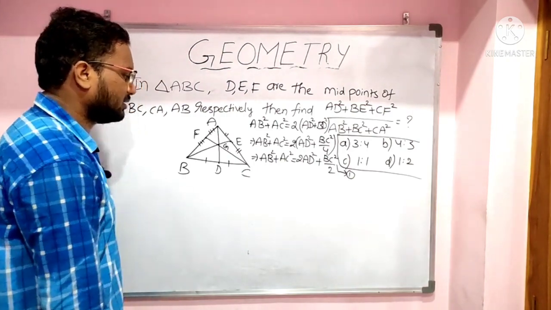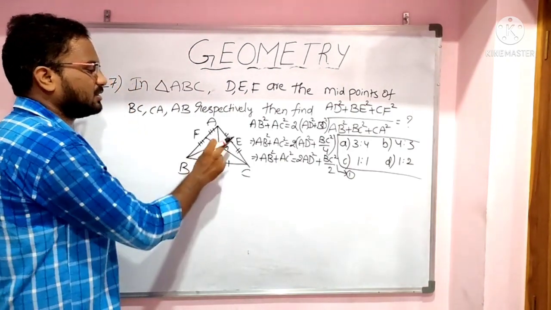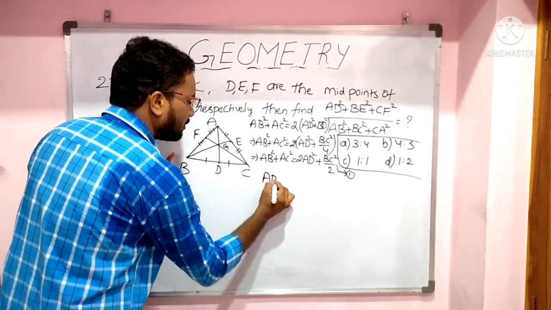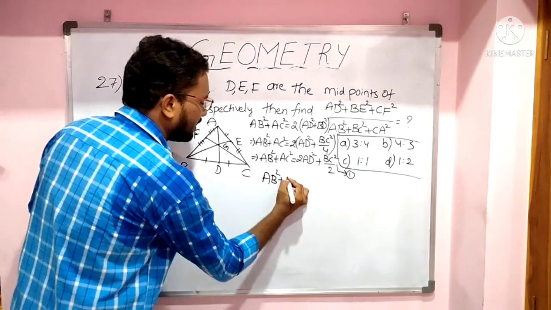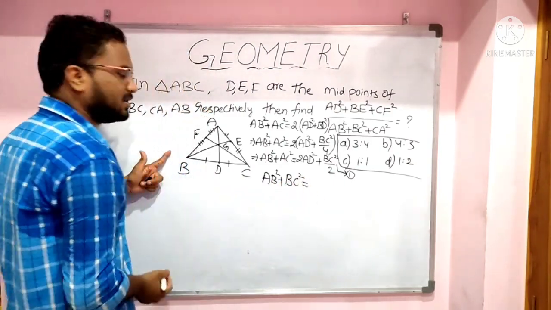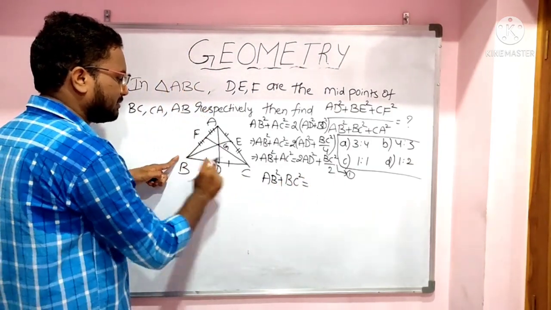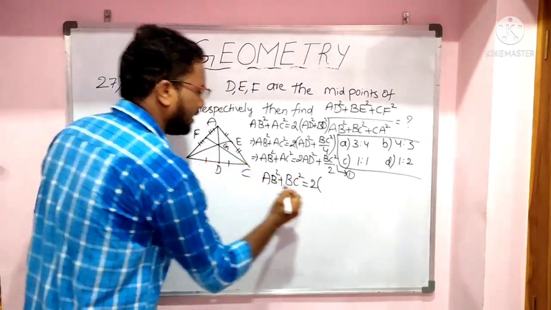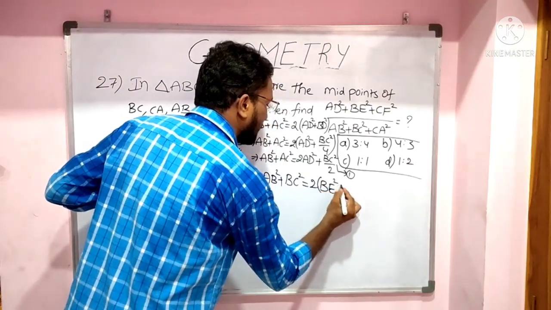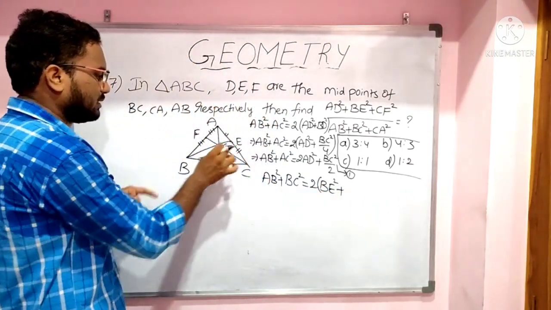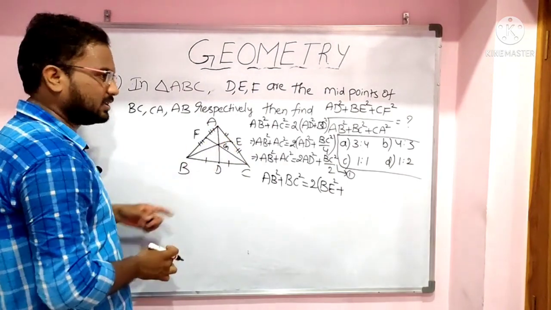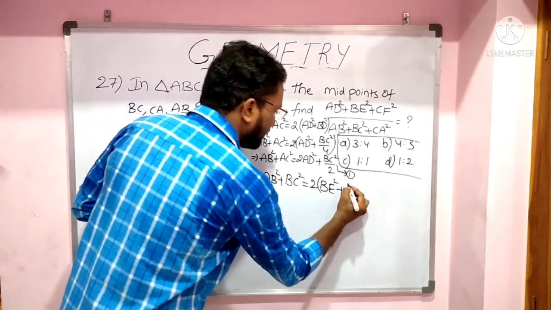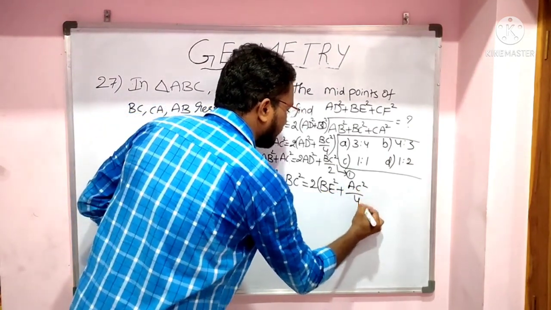Similarly, if we take B as the median, by Apollonius theorem, AB square plus BC square equals 2 into BE square plus CE square or AE square. CE square can be written as CA by 2 whole square, so AC square by 4.